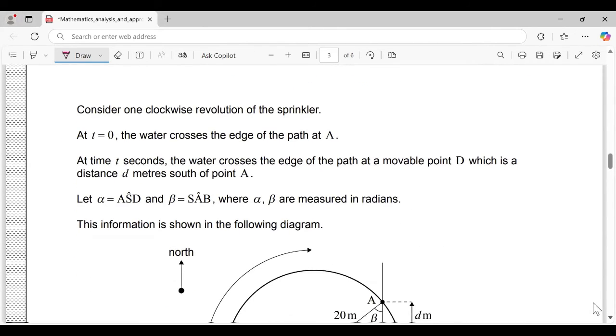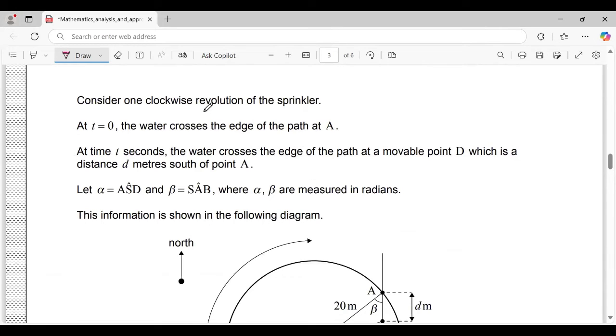Next, consider 1 clockwise revolution of the sprinkler.